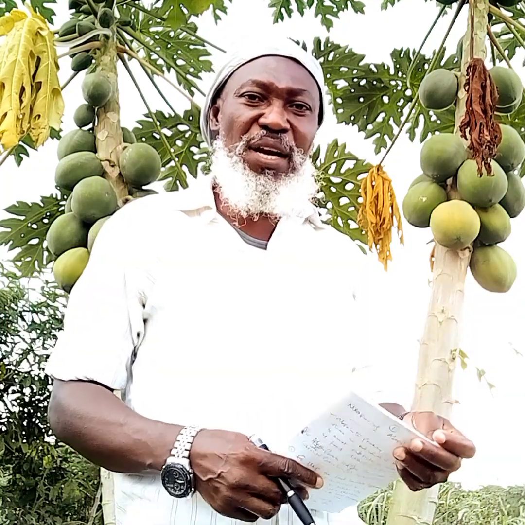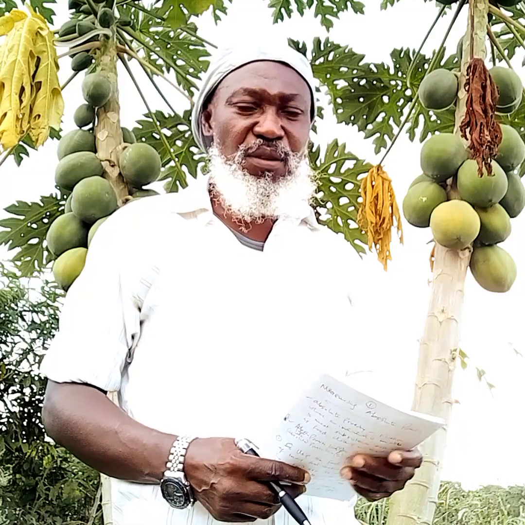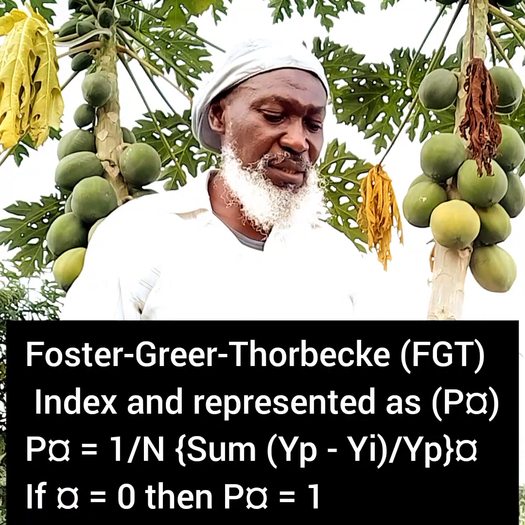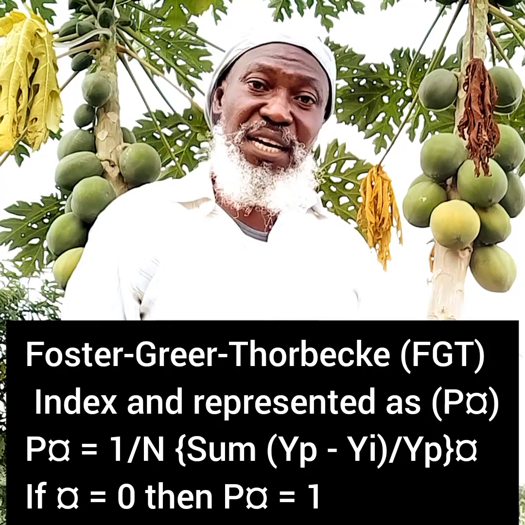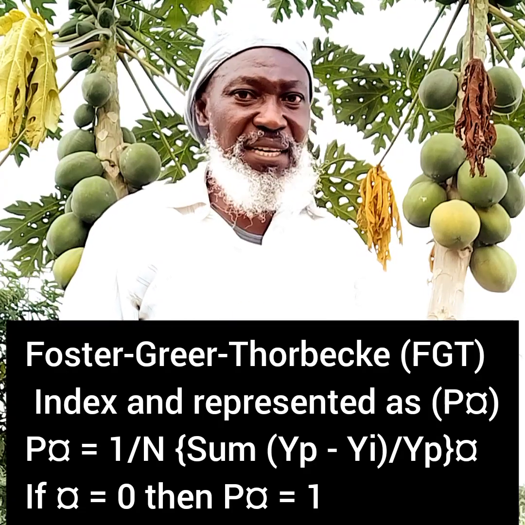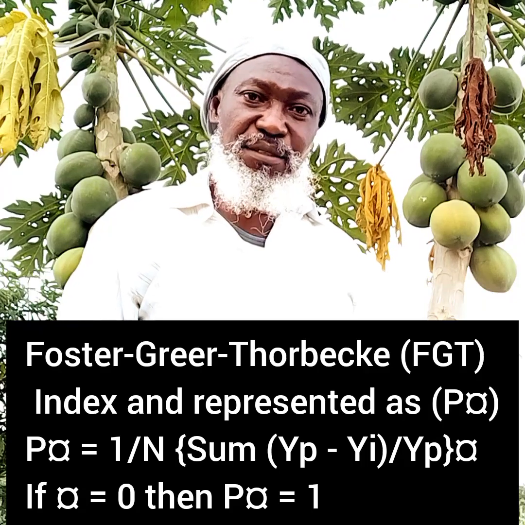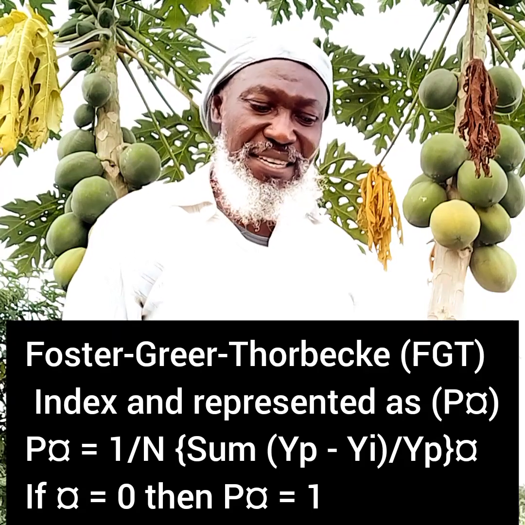If it won't work, which other formula do we go for? We go for the second formula, proposed by Foster, Greer and Thorbecke: the FGT index.